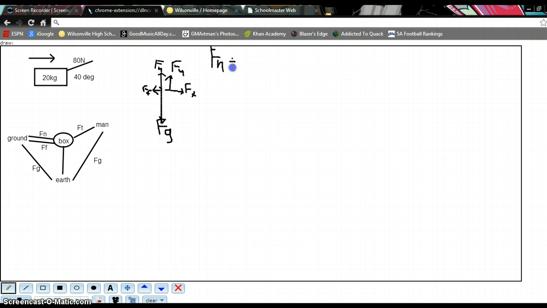Normal force plus your Fy plus the gravitational force would all equal 0 because they're all the vertical forces, and then same with your force of friction and your Fx would also equal 0 because they're the horizontal forces.